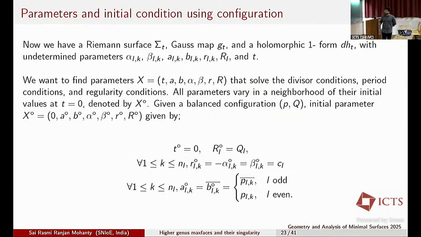So around this point, we want to find such variables such that this sigma t, gt, and dst will be the Weierstrass data for our requirement. So we already used this implicit function theorem, and we found these variables such that this will be our required Weierstrass data.